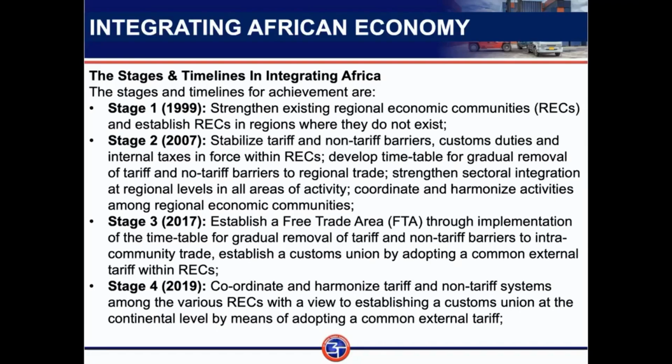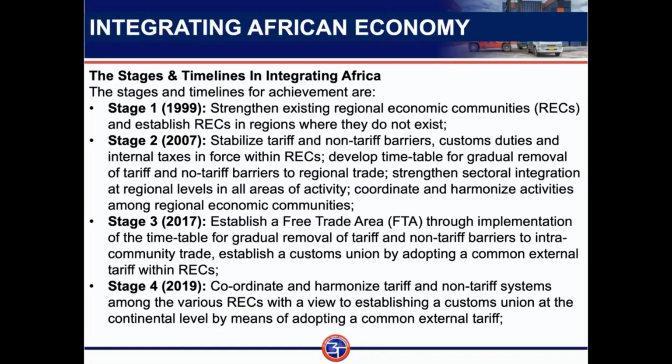Then 2017, establishment of a free trade agreement or area through implementation of the timetable for gradual removal of tariff and non-tariff barriers to intra-community trade, and establish a customs union by adopting a common external tariff within the regional economic community.